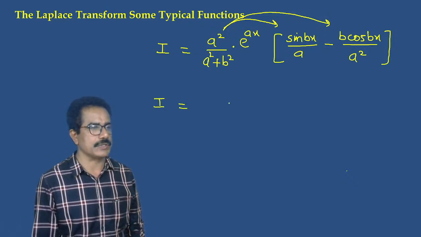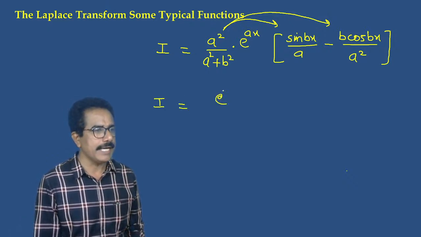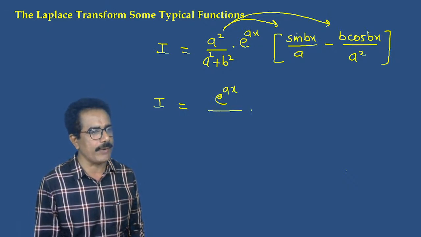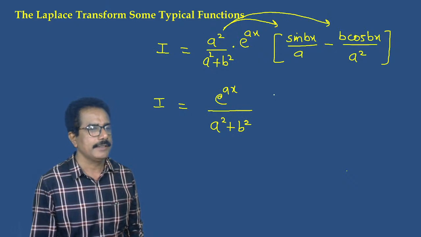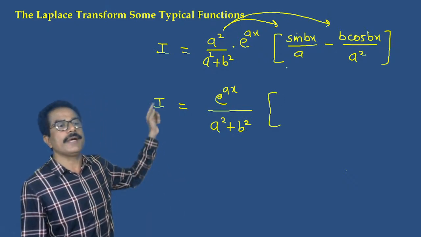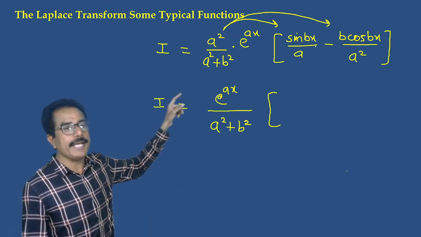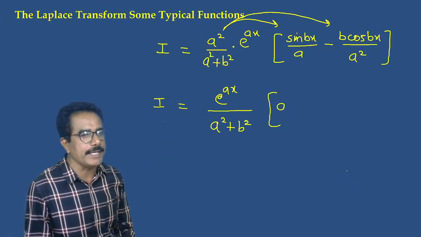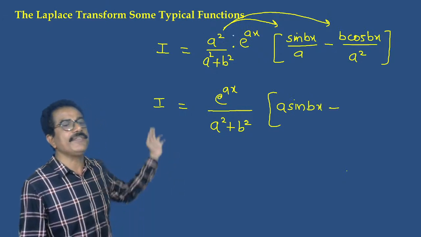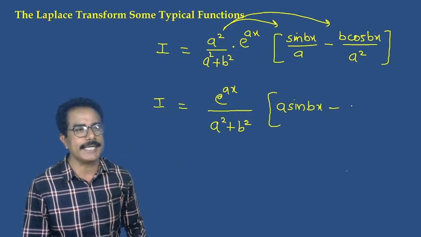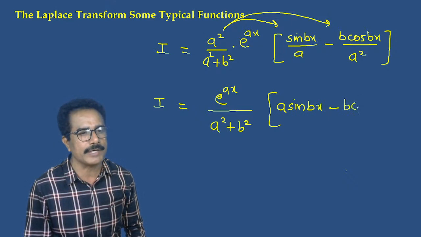I is equals to e raised to ax divided by a square plus b square, then a square into sin bx divided by a, that will be a sin bx, minus, again if we multiply by a square to the second term, then it will be b cos bx.